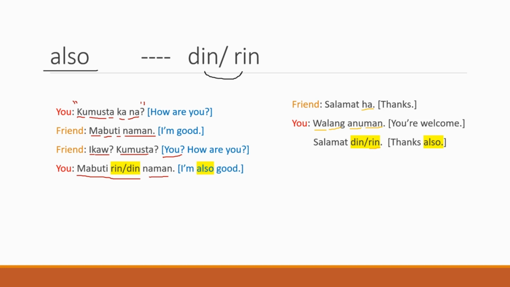Salamat rin. The next adverb is still, and it means pa din or pa rin. Again, pa din or pa rin. Lately, din and rin means, can you still remember?